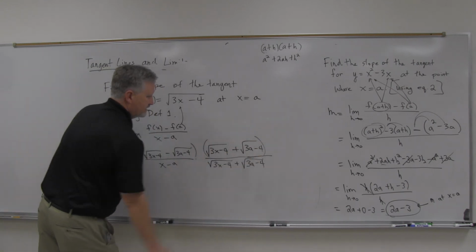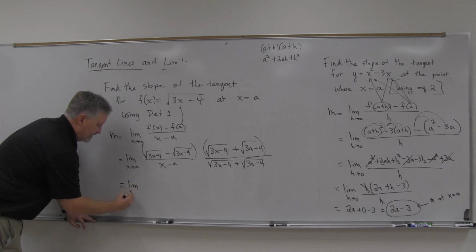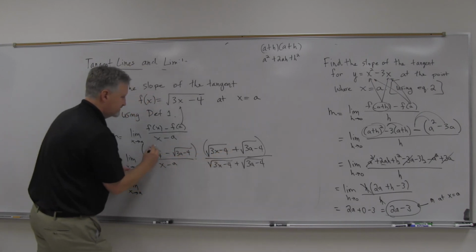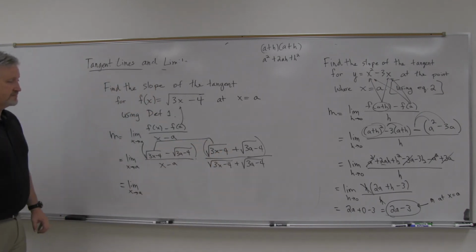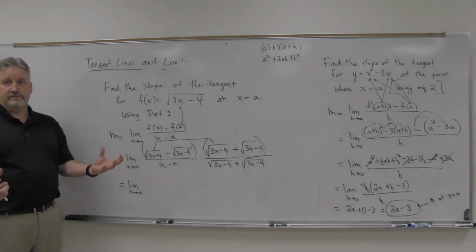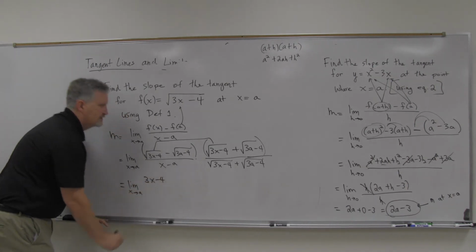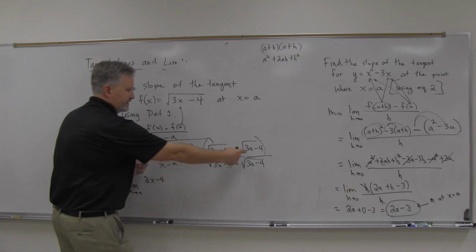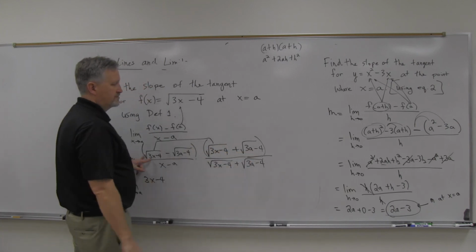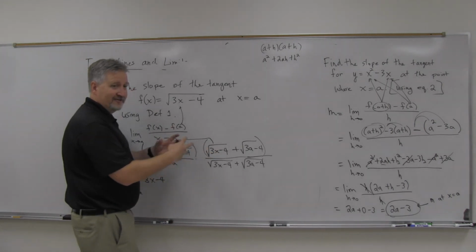Well, nice things happen on the top. When I multiply those conjugates together, the square root of 3x minus 4 times the square root of 3x minus 4, the square roots cancel, and we're just left with 3x minus 4. The middle terms have a minus counterpart, so those cancel out.